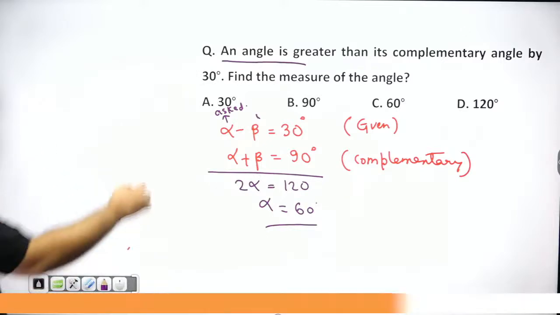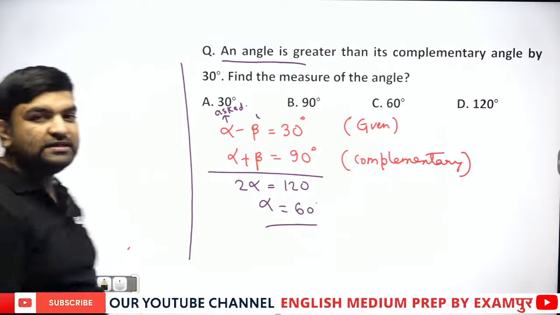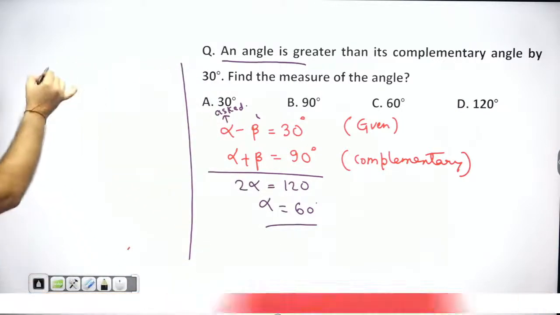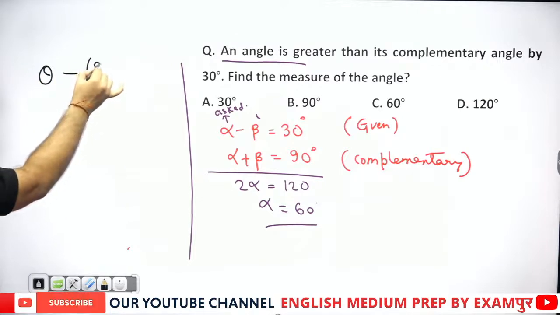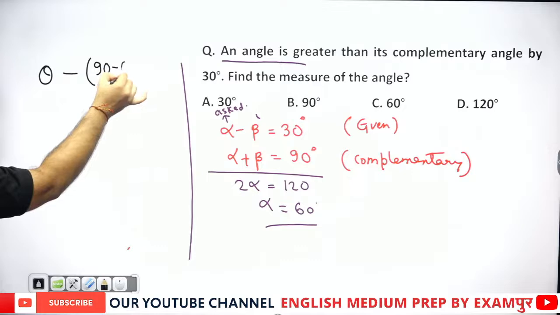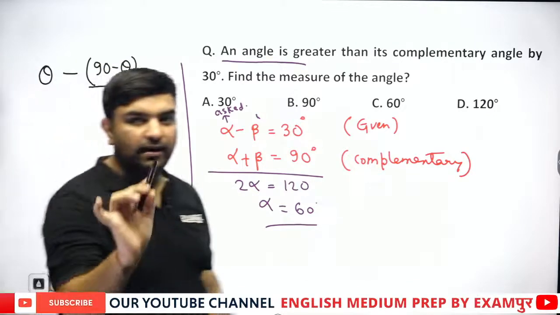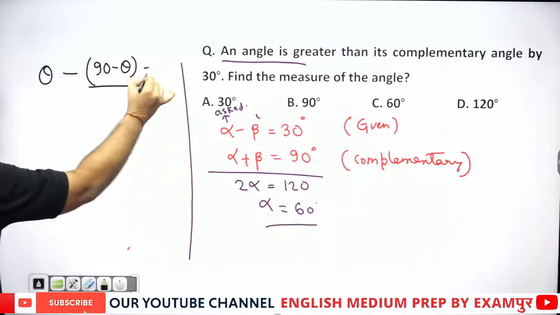However, you can do it by a single equation as well. Let's see how. Let the angle be theta. What is its complementary? 90 minus theta. So theta is greater than 90 minus theta by 30 degrees.